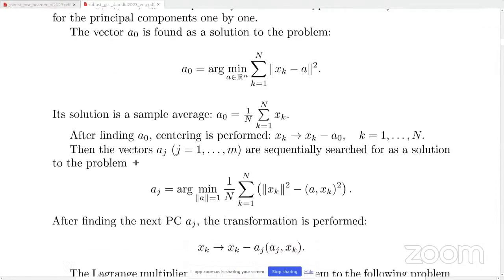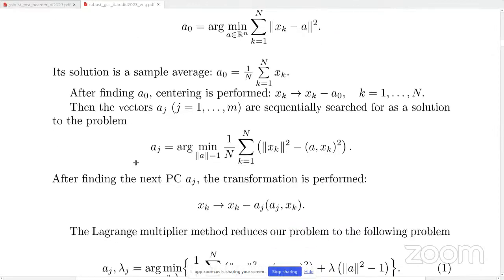After finding the center, the points are centered. We move the origin of the coordinate system to this center. After that, we find the principal components one by one, sequentially.